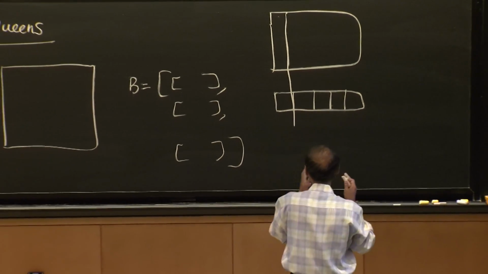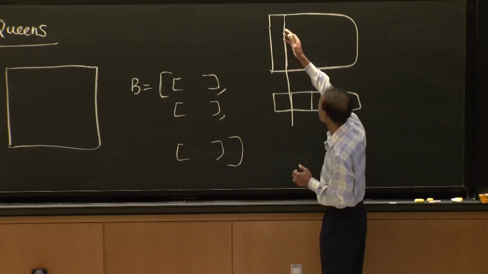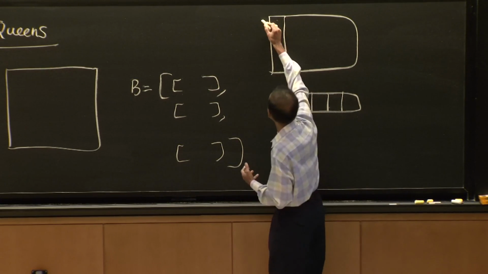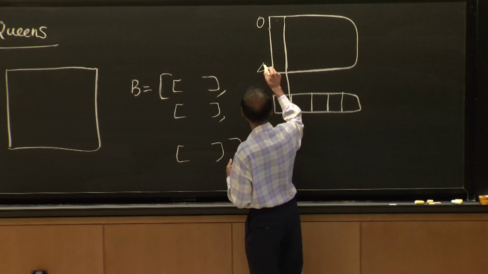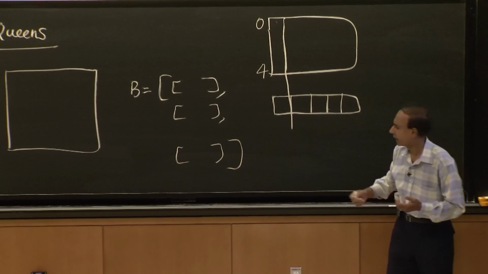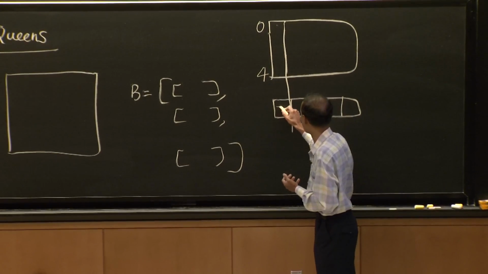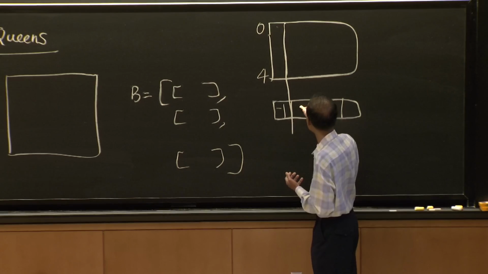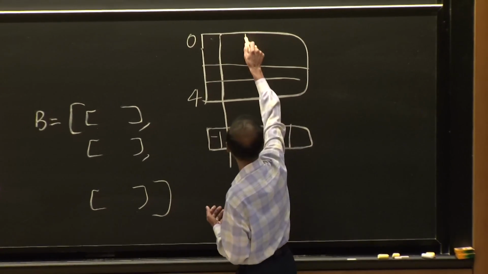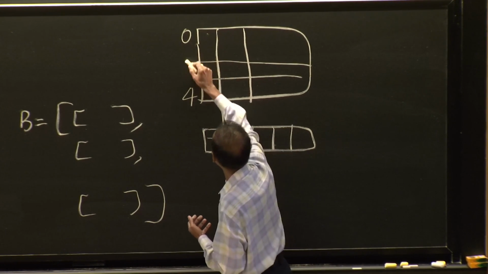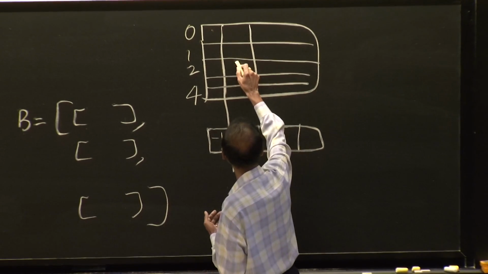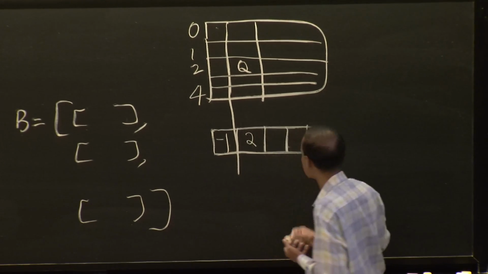And you say, I'm going to represent the position of that queen using a single number that varies from, in this case, 0 through 4, if you have a 5 by 5 board. And you put that in here. So a -1 would represent this being empty. A 2 would represent a queen in the second column in this position over here, et cetera, et cetera.